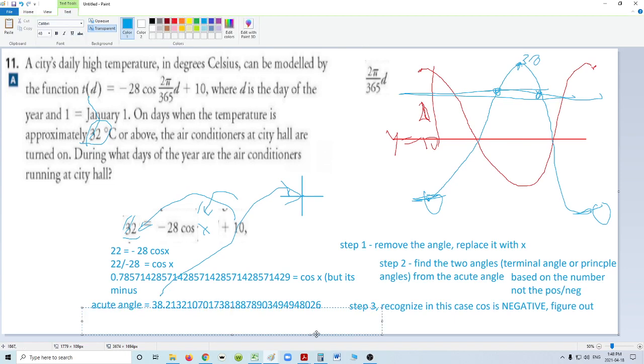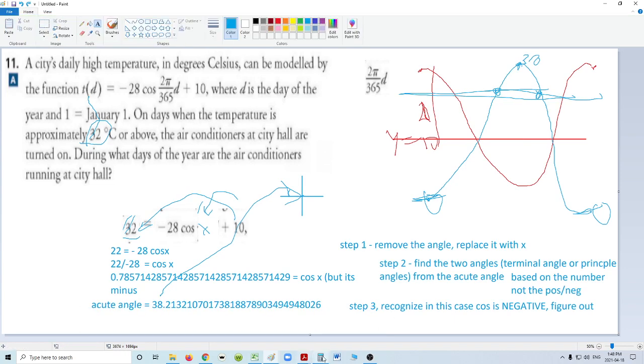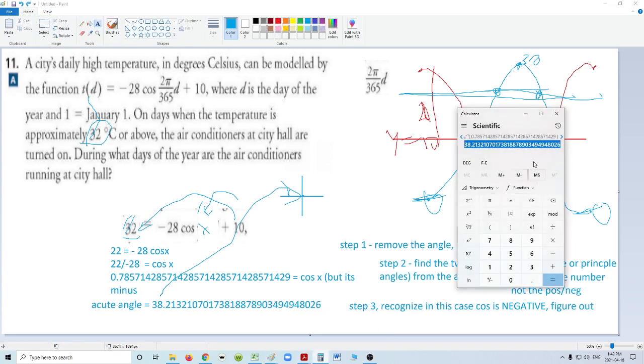You can set your calculator right away to work in radians. There is a button. So if I hit clear a few times, and I go back to my 22 divided by 28, and hit equal, and click this degree and change it to radians. Now if I do inverse cosine, it did it again.